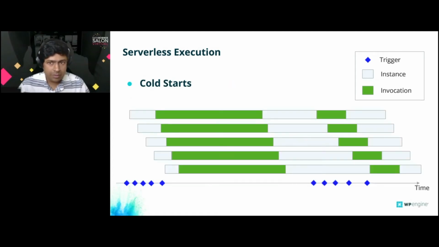If you've worked with serverless before, you're probably familiar with the concept of cold starts. This is where the time it takes to start up a new instance to run your code is much greater than using an already spun up instance. And this is quite often the case with spiky traffic patterns. So in this example, we get a cluster of 5 events at the beginning.